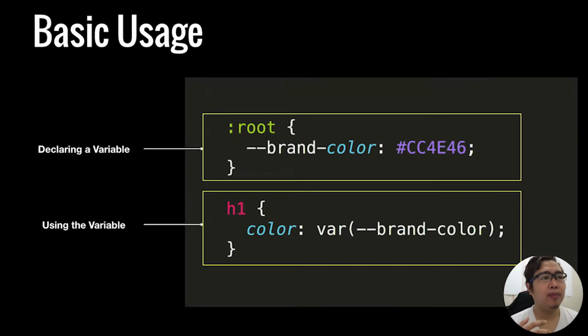And to use that variable on any elements that you want to, we define the element such as this for each one. Then, we use the value color, and then we start with var, as in variable, then open parentheses, dash dash, the name that you specified for the variable, and then close parentheses.